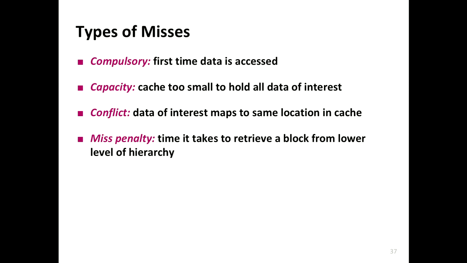Then a capacity miss is when all the different ways are full and you have to replace one. A conflict miss is when the same data is mapped into the same cache set, which means there's a conflict. And miss penalty is the extra time you need to access data from the main memory whenever there is a cache miss.